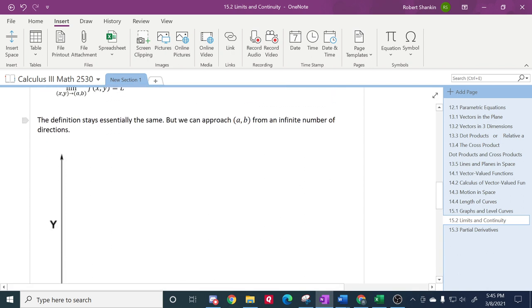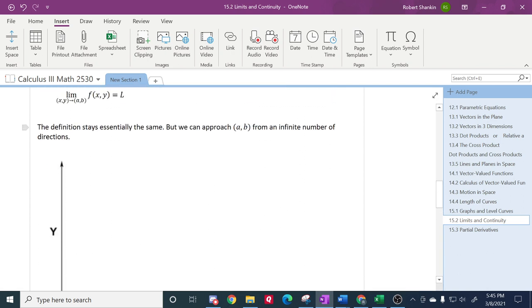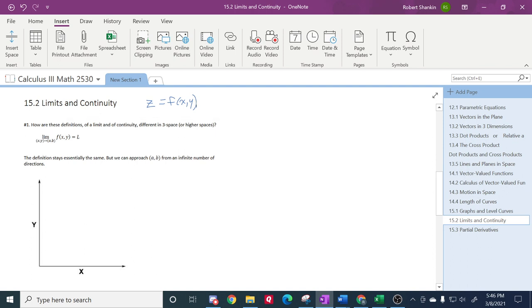We can approach (a,b) from an infinite number of directions. If I have a, b, so my x and y axis, I'm approaching this point. If I was approaching a along the x-axis, there's only 2 ways I can do it: from larger than it and from smaller than it.